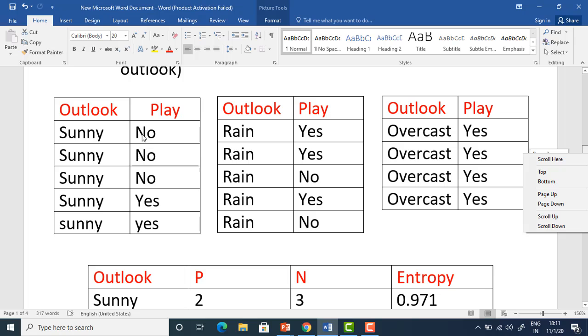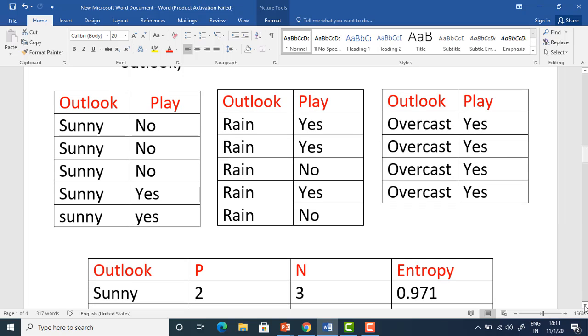For the first sunny the label is no, for the second sunny no, for the third sunny also no. For the fourth sunny it is yes, and for the fifth sunny yes. Likewise I have segregated the attribute values into 3 different groups. Similarly for rain and for overcast I have specified the corresponding label values here.